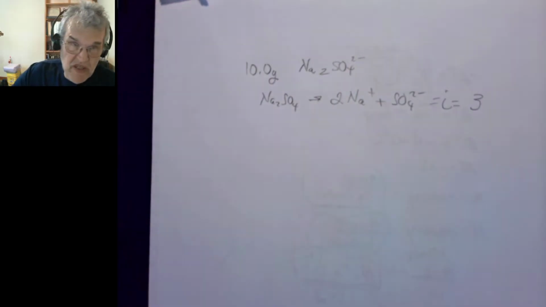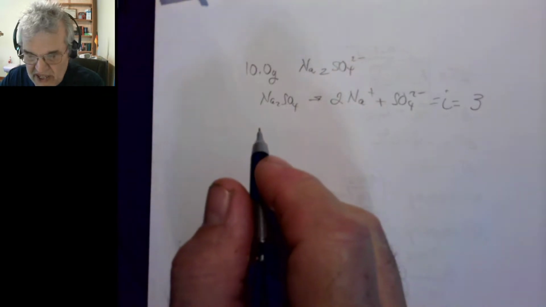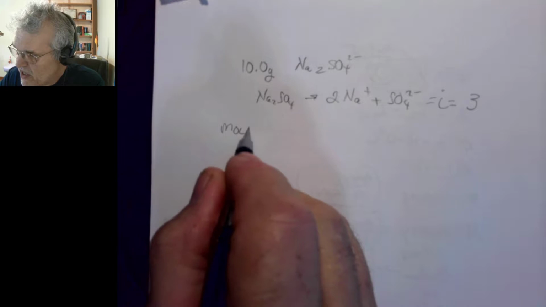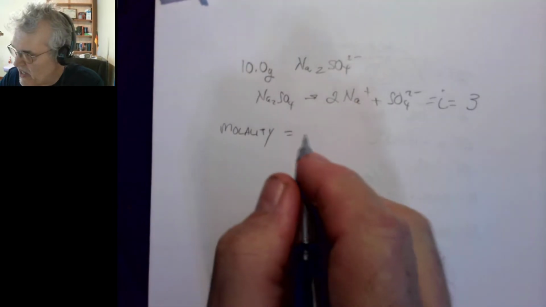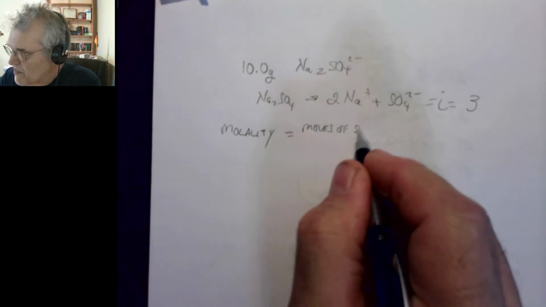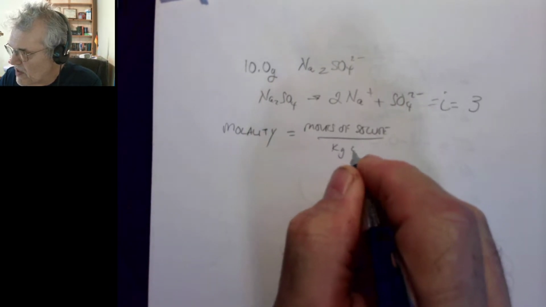Okay, so we have to use this for this problem. You won't have to do this sort of thing for what you're doing in class. So we always start with the definition of molality, and the definition of molality is moles of solute over kilogram of solvent.